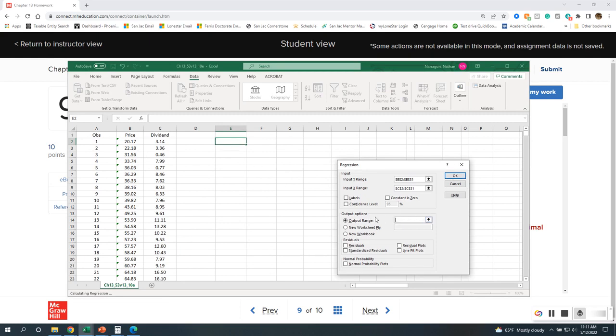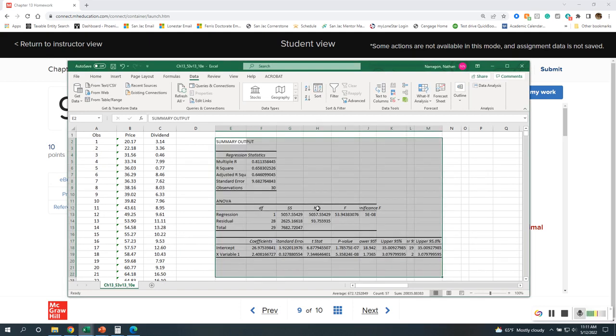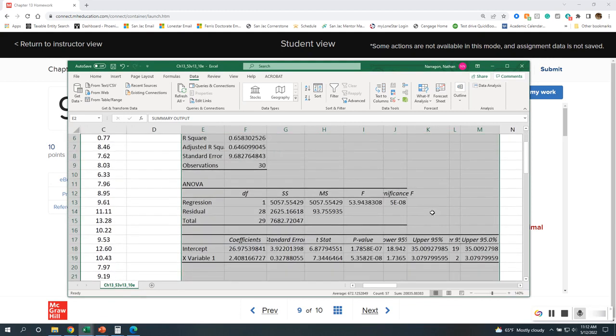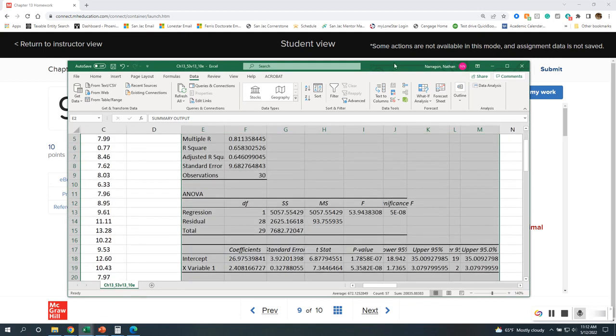So delete. There we go. Okay. And again, if you could include the price of dividend, it would probably put price of dividend up here. But that's fine. All we can do is now interpret how it calculated for us.